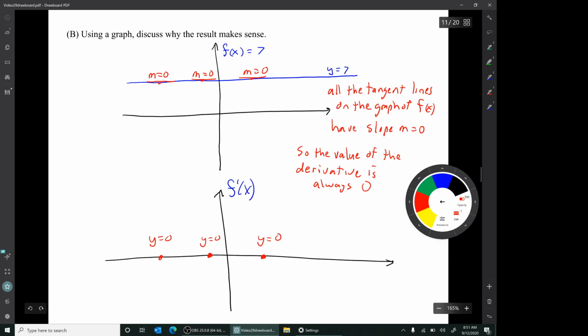So the points on the original graph have y value of 7, but the tangent lines have a slope of 0. Well, the numbers that are the tangent line slopes become the y values on the graph of f prime. So the graph of f prime is going to be this line. That's why it makes sense that f prime of x is 0.